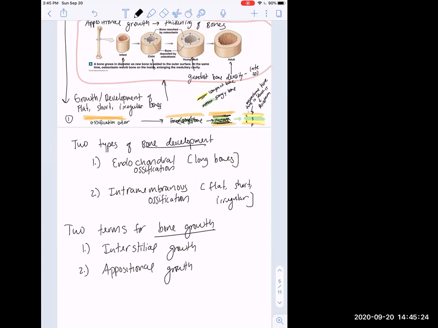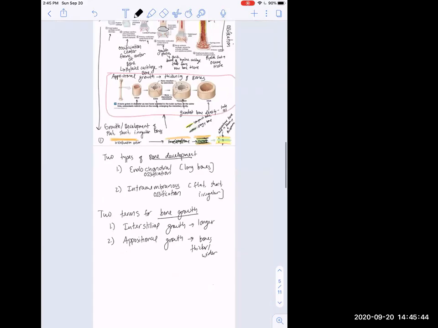Interstitial growth is the bones becoming longer, and this occurs up until your growth plates fuse. Appositional growth occurs throughout your entire life, and the bones become thicker or wider. So, a couple of terms relating to bone development and bone growth.